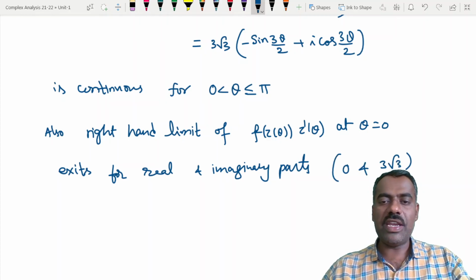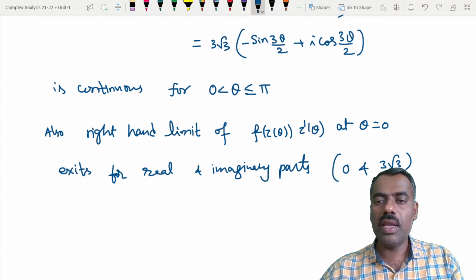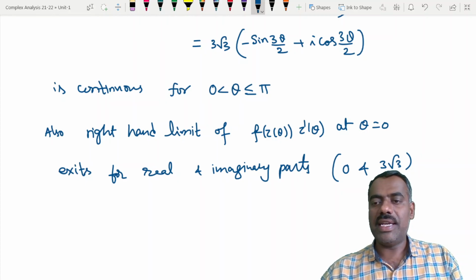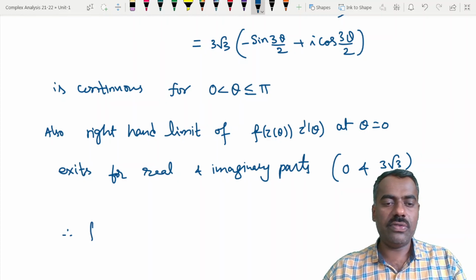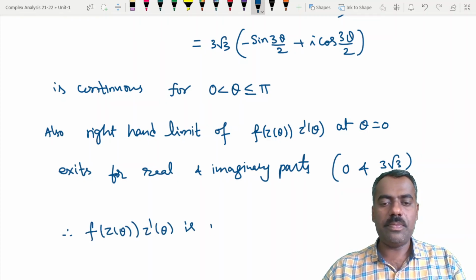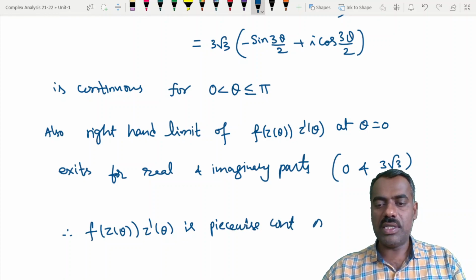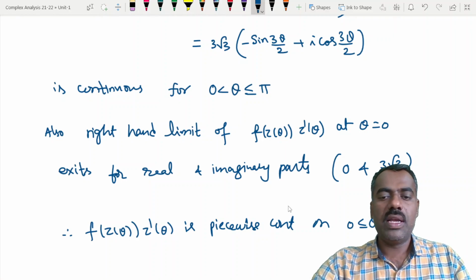So therefore, by defining this function f at theta is equal to 0 as i times 3 root 3, okay, then we know that therefore this f of z of theta into z dash of theta is piecewise continuous on this entire theta range, okay, right?